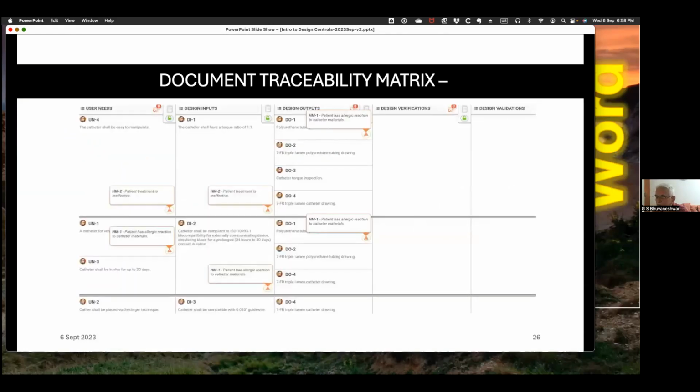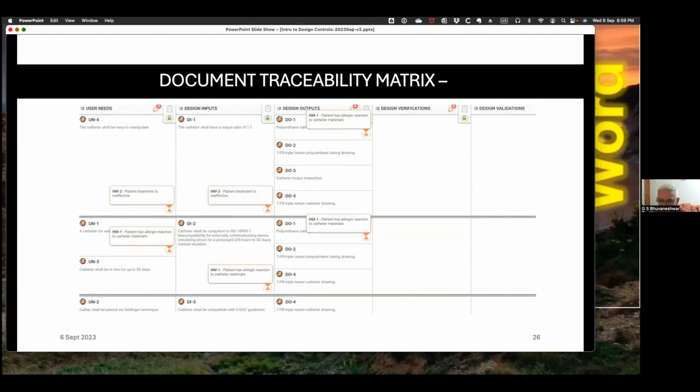And the other important regulatory requirement is generally called a design traceability matrix, where you have the 5 stages of design: user needs, design inputs, design outputs, design verification, that's all your in vitro testing, and then design validation, or the clinical studies.